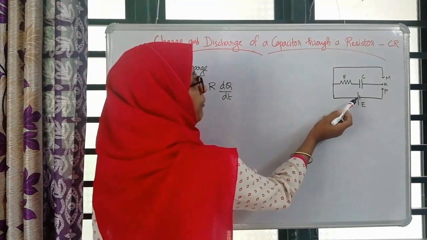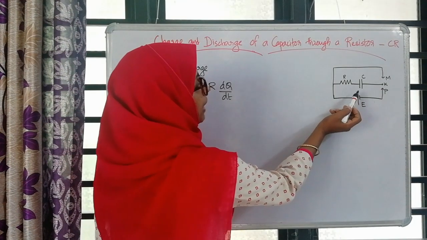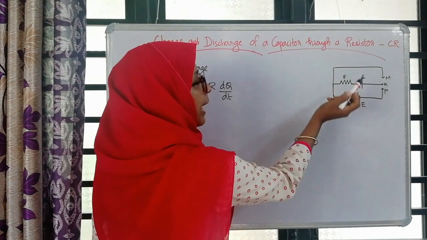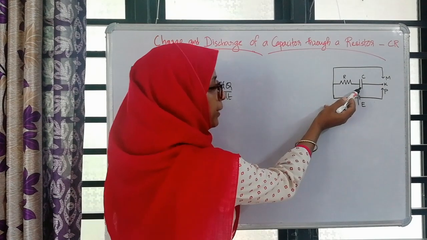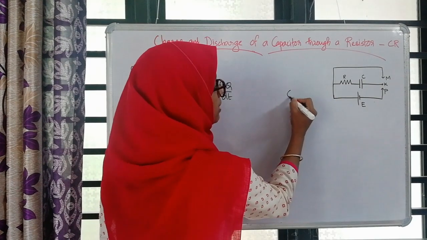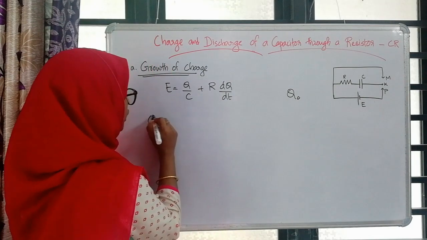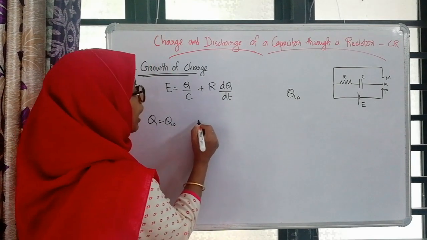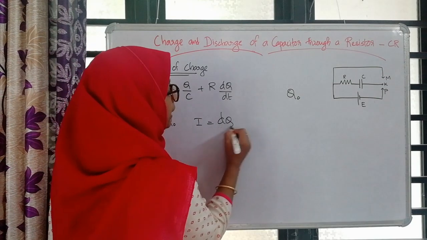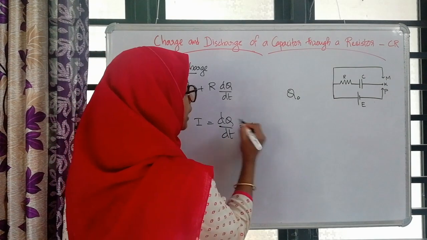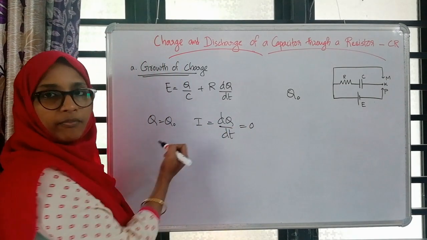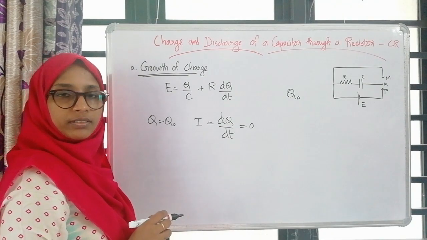When the EMF is applied to the CR circuit, the capacitor gets charged and continues charging until it attains the maximum charge Q0. At that instant, when Q is equal to Q0, I is equal to dQ by dt, which will be equal to 0, as Q0 is a constant.